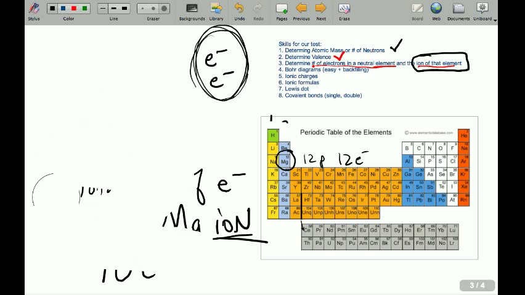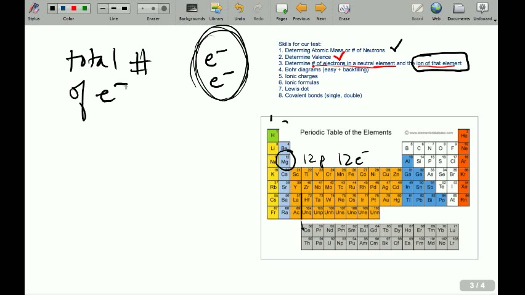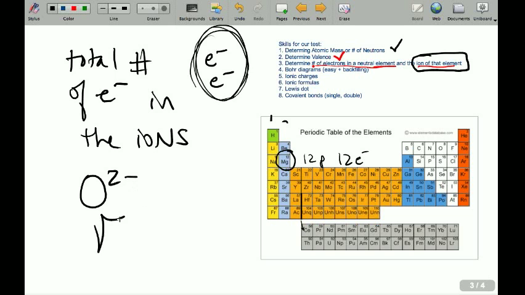So let me give you a couple more of those. What are the total number of electrons in these ions? Here we go. O 2 minus, F minus, how about calcium 2 plus, and potassium plus. Here we go. Oxygen is here.